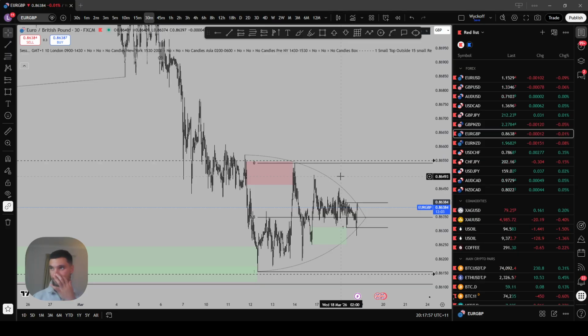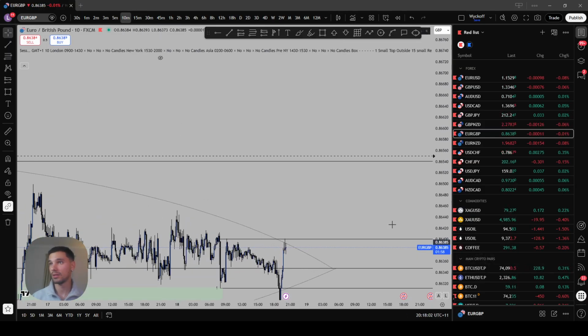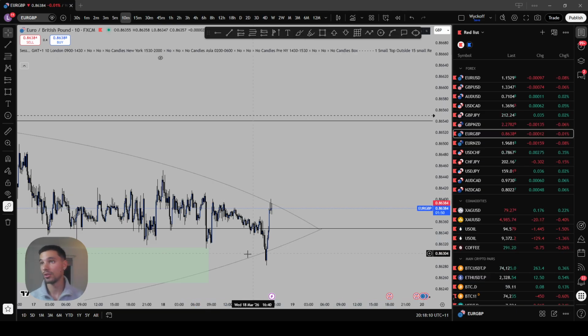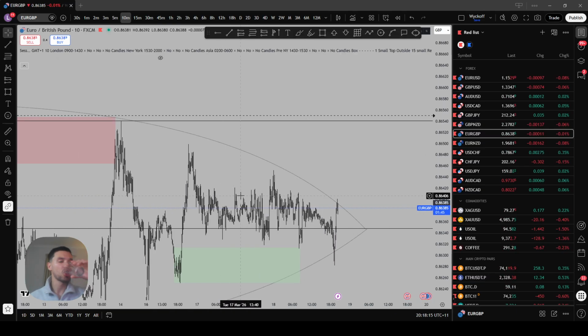Something like that. Now, in terms of this potential accumulation model here, it ended up being a very, very low time frame PO3 schematic, which I will never ever trade. So I will already invalidate this like so.